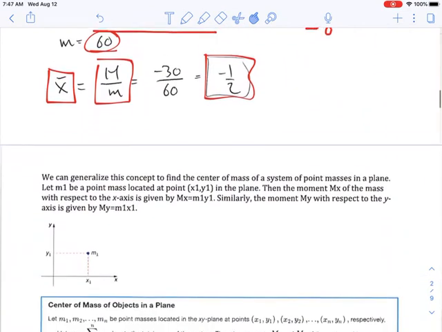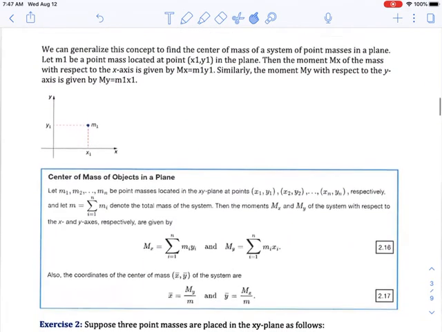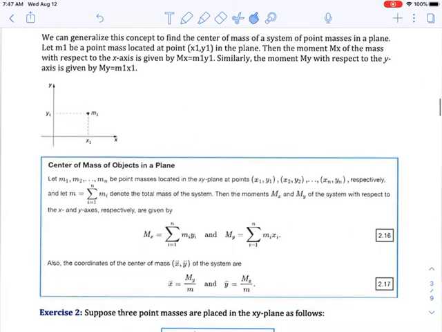Now, let's generalize this. We've been talking about masses along the x-axis in one dimension. But now we want to look at masses in a plane, right? And so the idea is essentially the same. We need to calculate total moments, and we need to calculate the total mass.